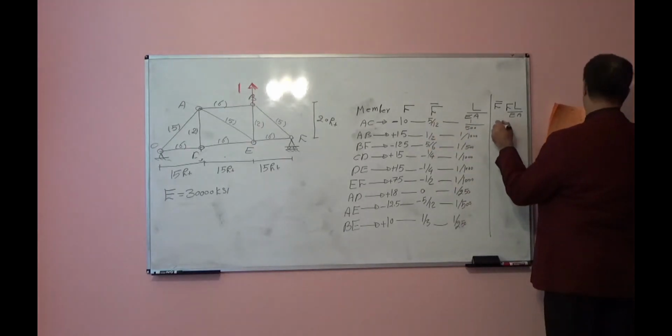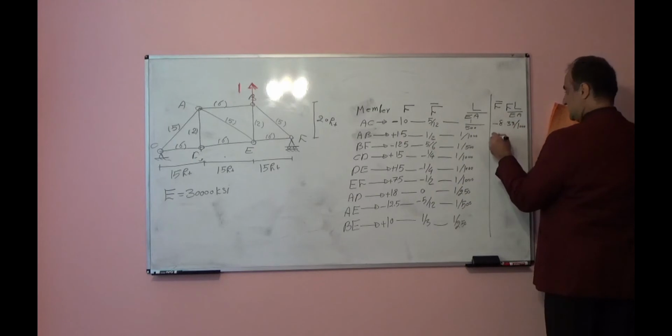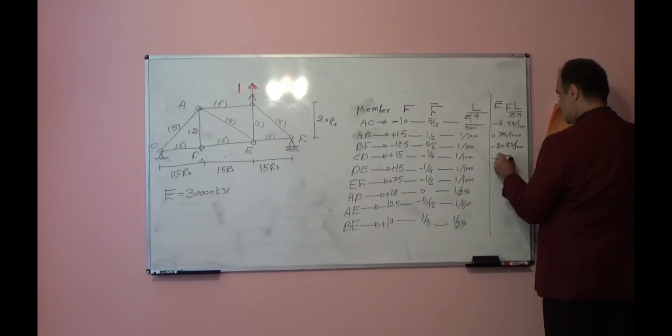So this will be negative 8.33 over 1000. Positive 0.75 over 1000. Negative 20.83 over 1000. Negative 3.75 over 1000.